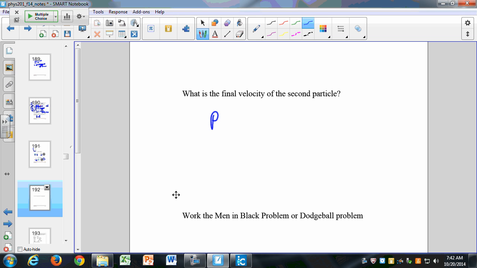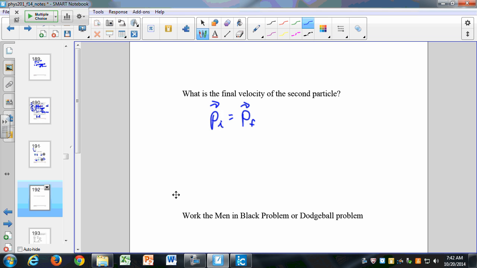So I'm just going to say that the initial momentum equals the final momentum. When I talk about the initial and final momentum, I'm referring to the total momentum of the system. So I have to take into consideration every particle, and I take the sum of all those momenta. Each particle has its own momentum, but I just add them all up, and then the sum is going to remain the same.